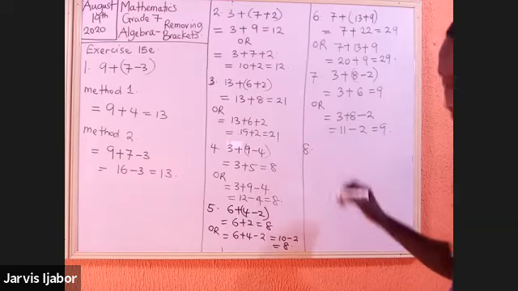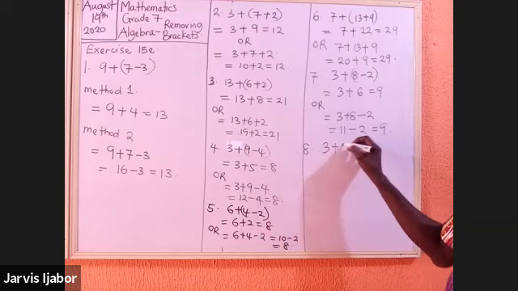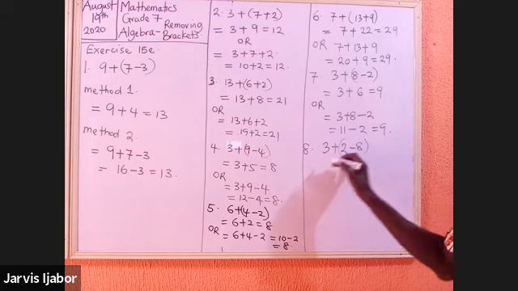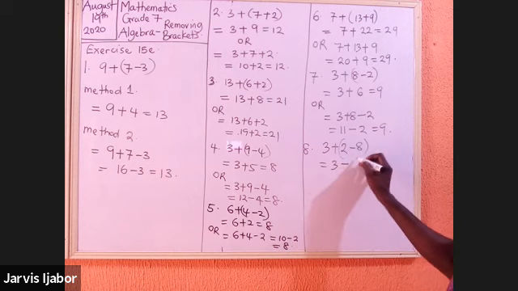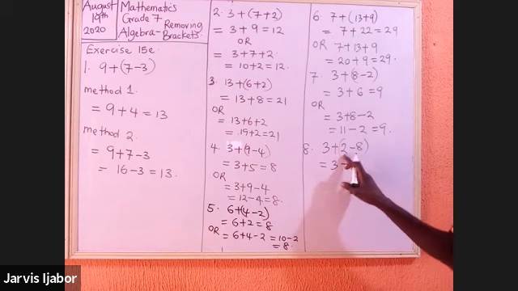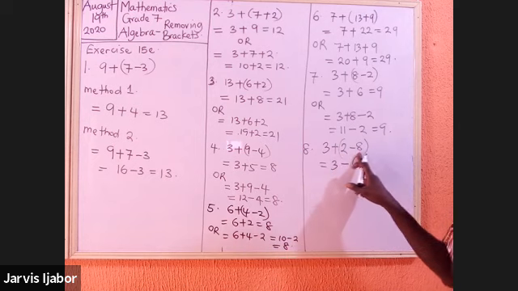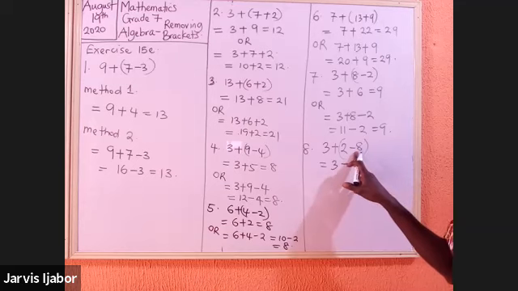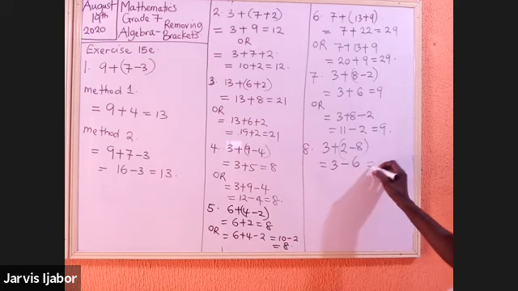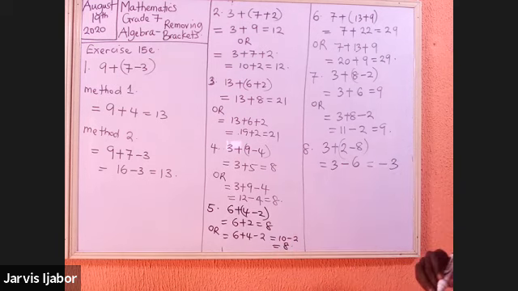Question 8, this is 3 plus, bracket, 2 minus 8. So this will give you 3 minus 6. I hope you know 2 is what? Less than 8. So if I'm subtracting, I'm going to get a negative as my answer. So that will give me what? Negative 3 as my final answer.